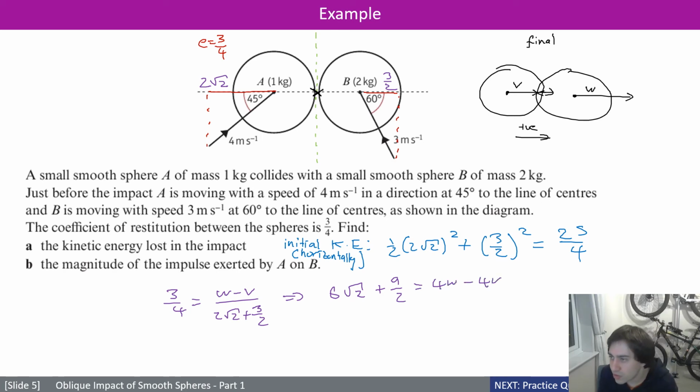Then let's do conservation of momentum. So this was e. Now momentum: we have 2√2 times 1. And this is all, remember, momentum just in the horizontal direction. And we've also got 2 times 3/2, which is 3.